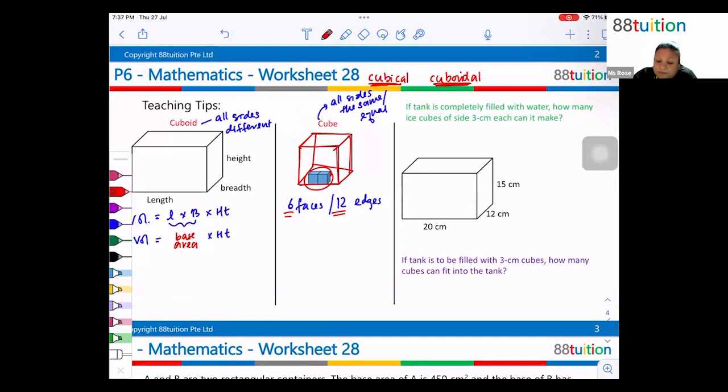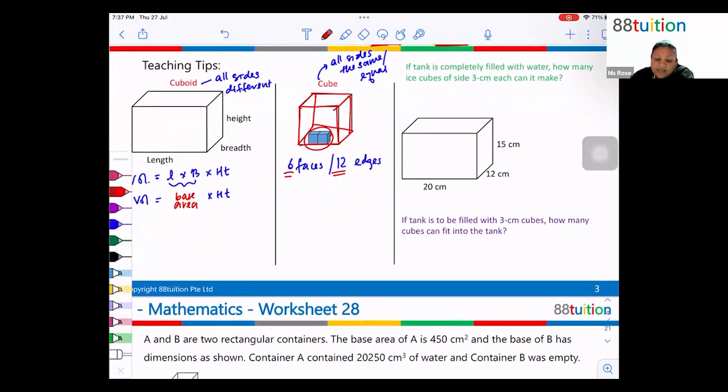Now, as long as you fill up the water in the container, if you remove the 2 blue cubes without spilling any water, the change in height times the base area gives you the volume of the blue cubes.